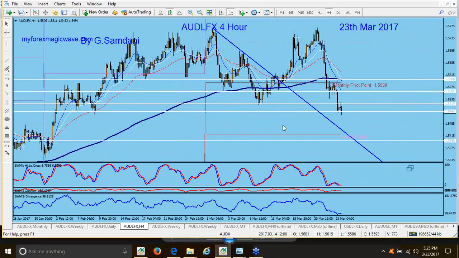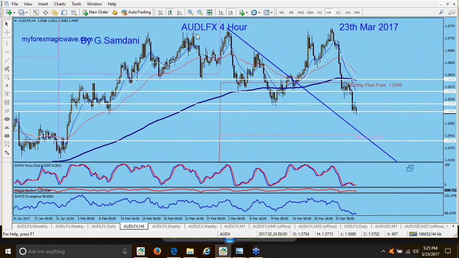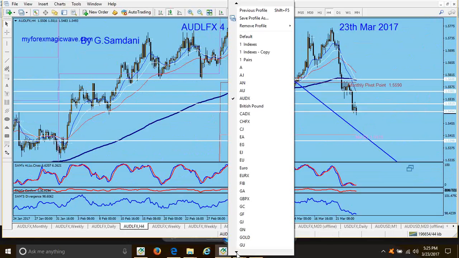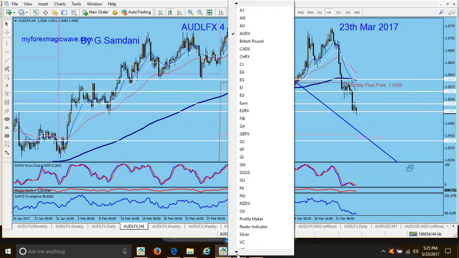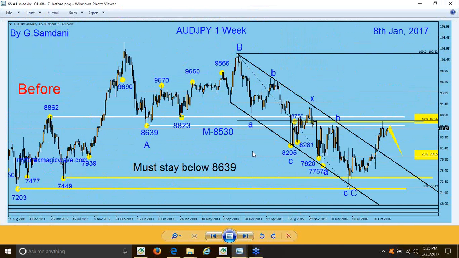Yen is the opposite. The reason for that is, let me show you this. See, Aussie LFX, right? And everything else, you see the currency name first and then LFX later. But in the case of yen, you will see LFX JPY.